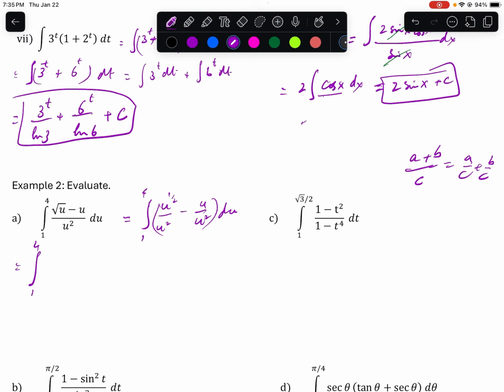Now we simplify the power. So what do I get here? I have 1/2 minus 2, which will give me negative 3/2. So I have u to the negative 3/2 minus, no, sorry, this was u over u squared, so I have 1 over u, and then du.